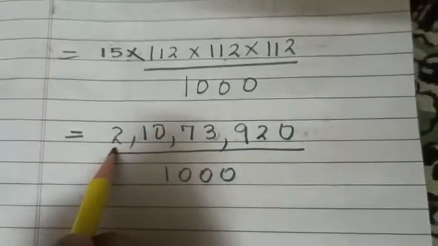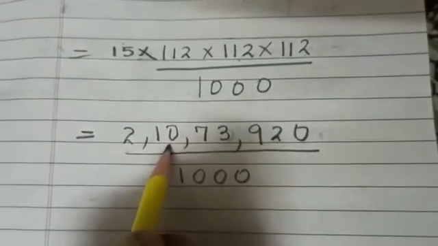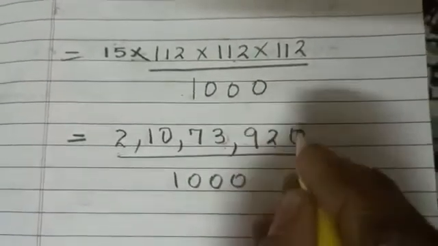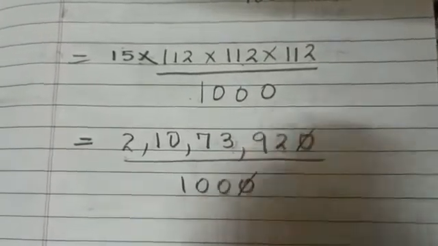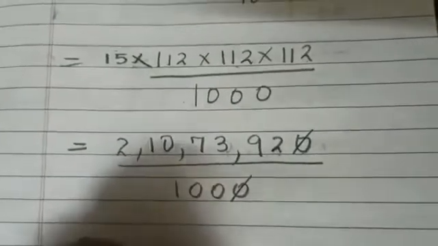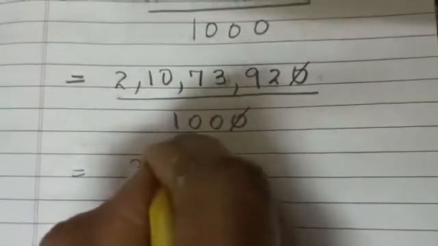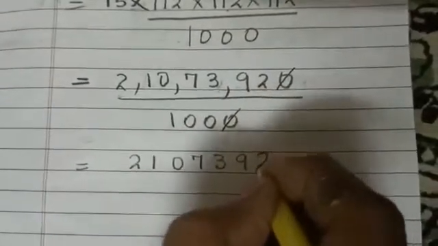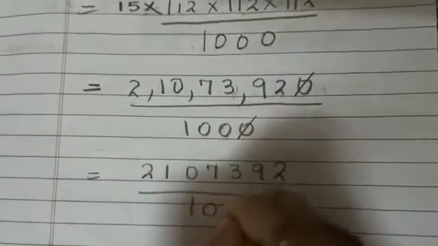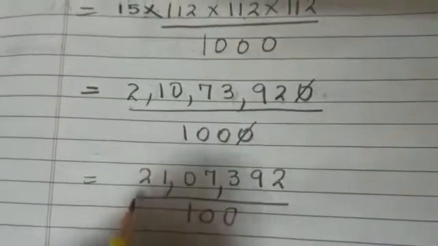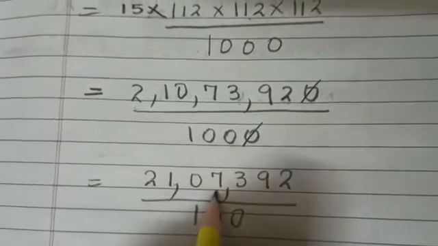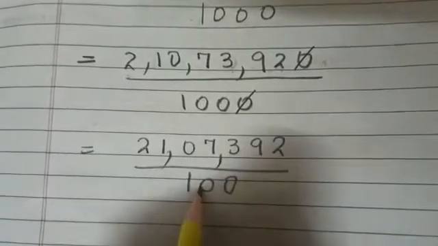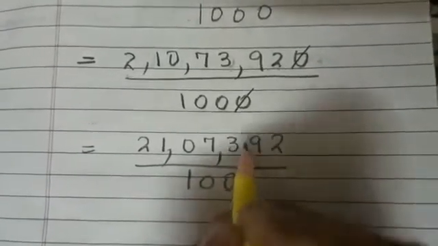Now this is 2 crores 10 lakhs 73,920. Here you have a 0, so this 0 and this 0 cancel. So what we have left is 21073920 upon 100. Now you have 2 zeros over here, so the point comes here.